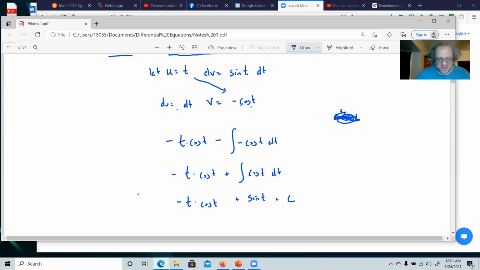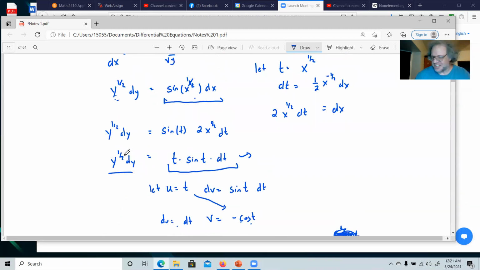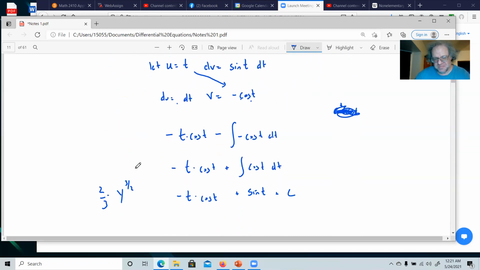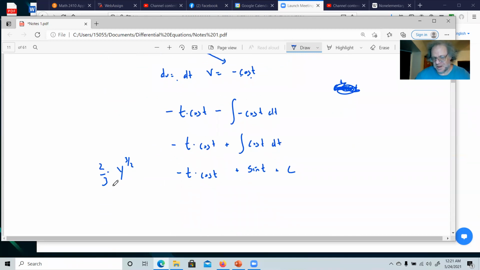So that's just going to be y to the 3/2 and then 2/3. So just integrating y to the 1/2, add 1, and then divide by its power. So divided by 3/2, multiplied by 2/3.